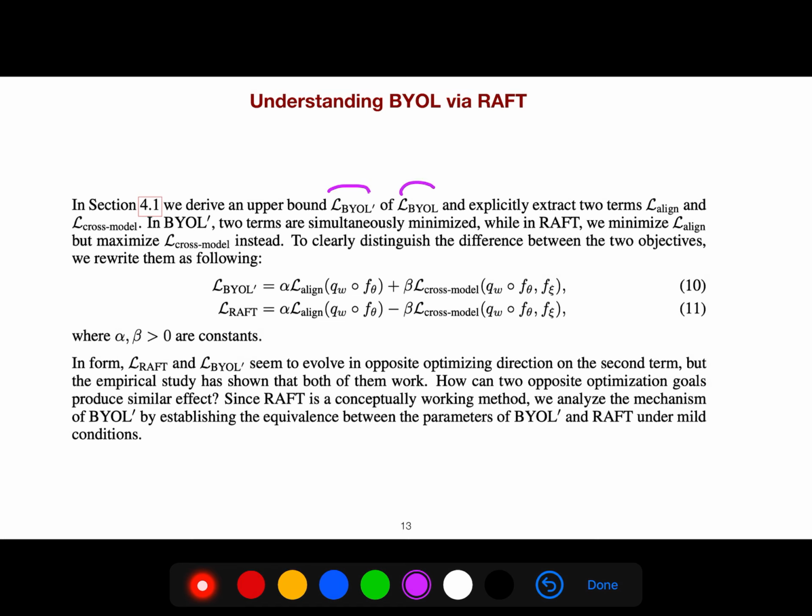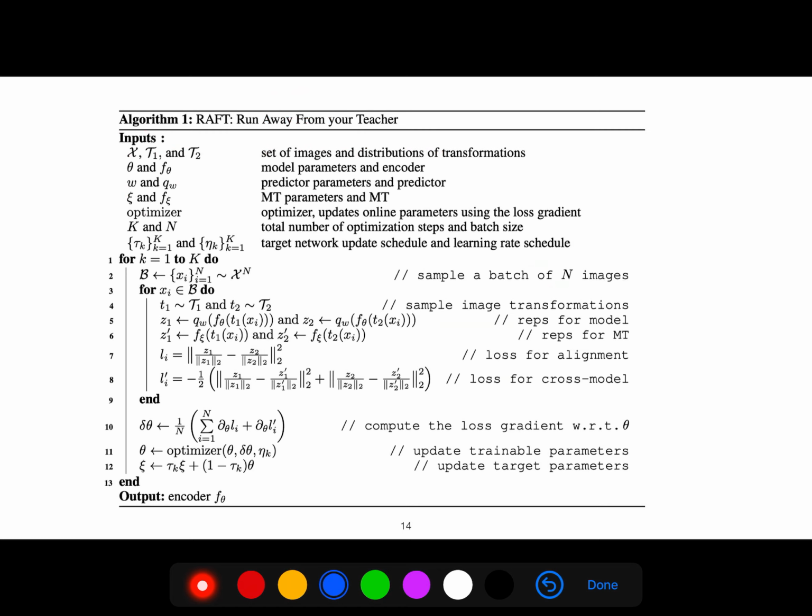In BYOL prime, the two terms are simultaneously minimized. But in the RAFT model, we minimize align, but we maximize the cross-model. So the algorithm of RAFT is: first we take the set of images, the model parameters and the predictor parameters. We set the predictor parameters and the teacher parameters, and then for a batch of n images we sample image transformations.